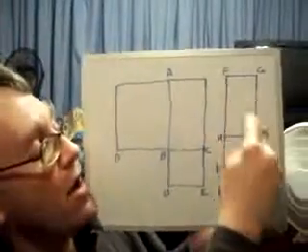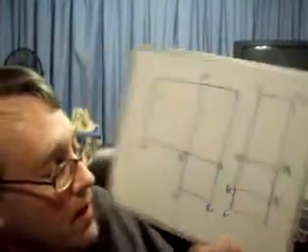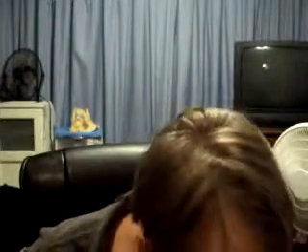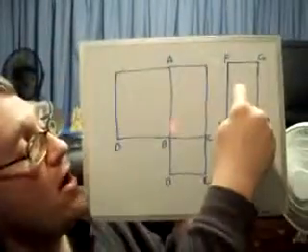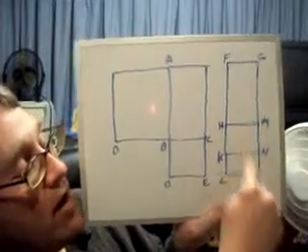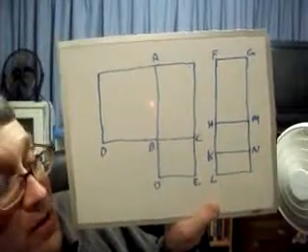Therefore, as GH is to MK, so as this area is to this area, so is MK to NL. So as this area is to this area, so is this area to this one. That's what Euclid's saying.